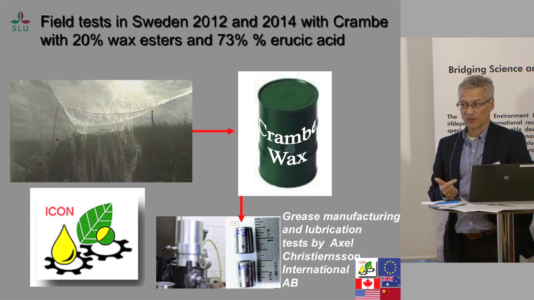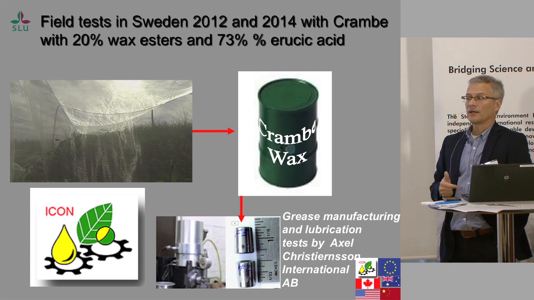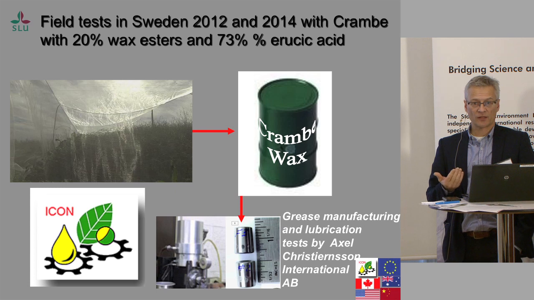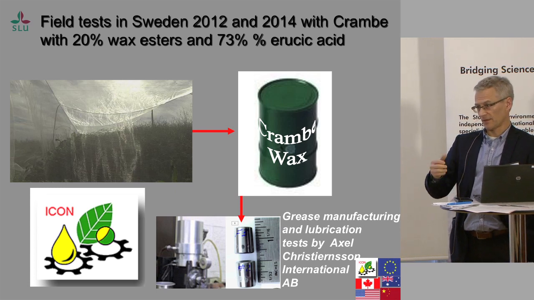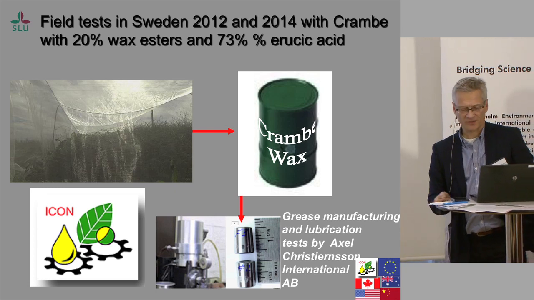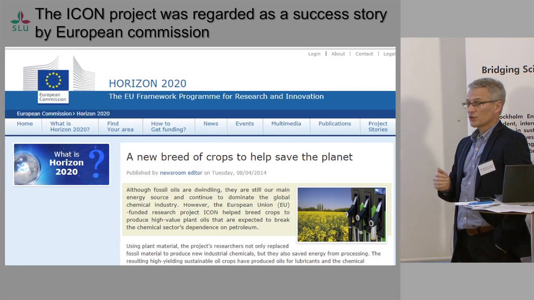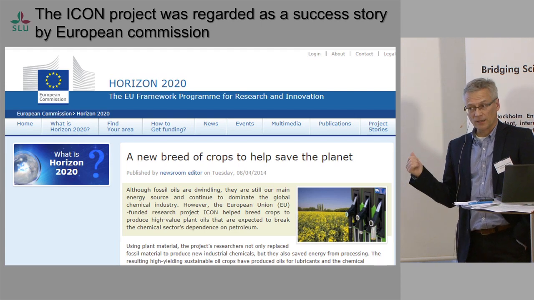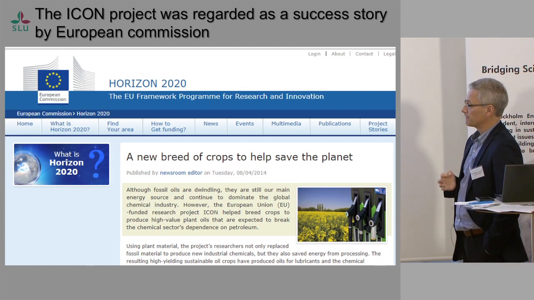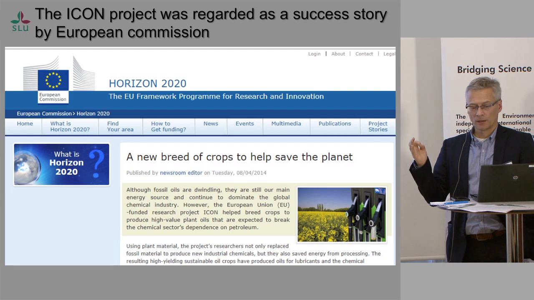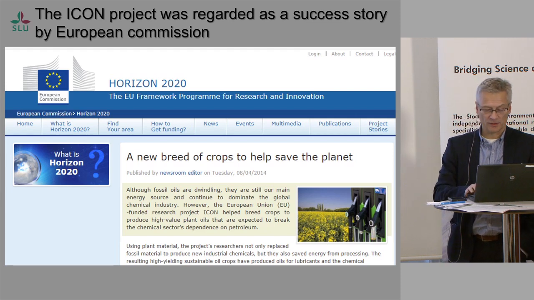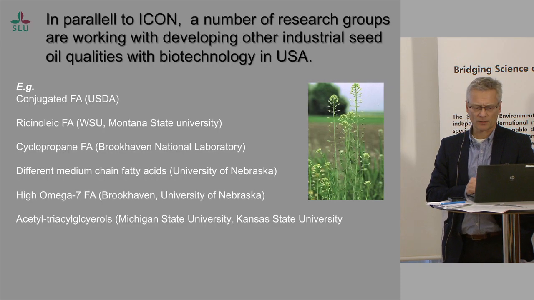So a farmer could probably grow it and get money out of it. There's a buyer for it. Well, if we had different types of regulation here, it was considered to be a very good project from the EU perspective, even in this environment of criticism.